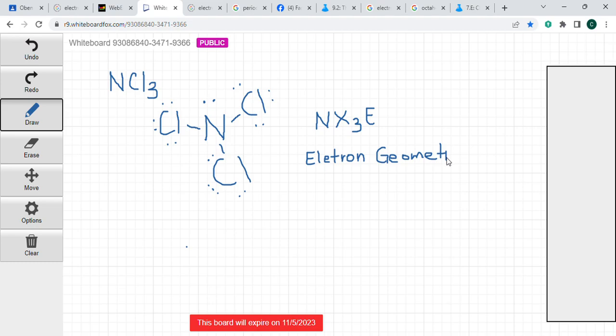So the electron geometry is tetrahedral.